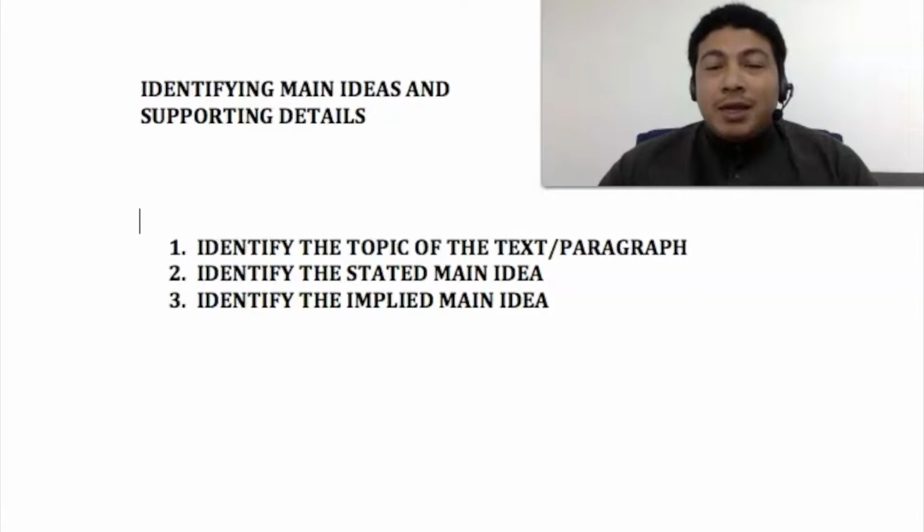If stated main idea is what the author writes, what the author states in the article, in a sentence, the purpose of the author writing that article, what the article is all about, implied main idea is not mentioned in the article.